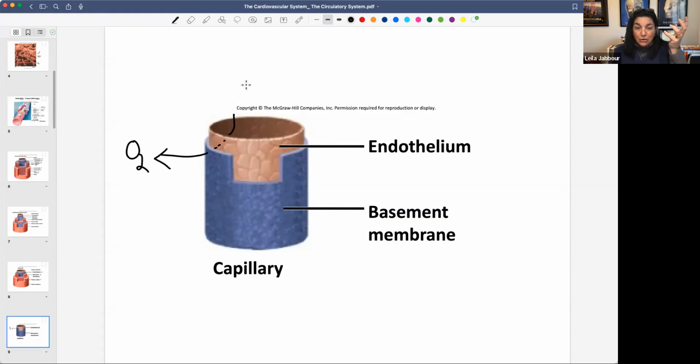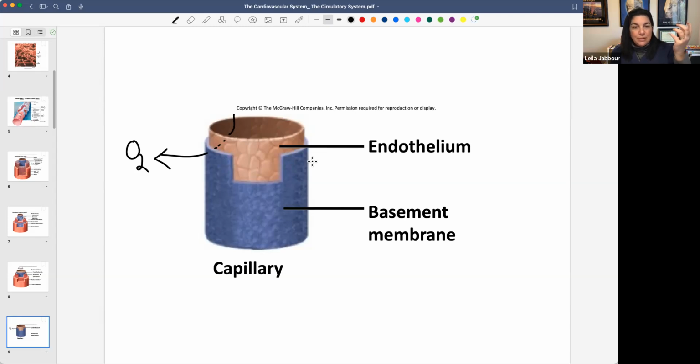If it's oxygenated blood, it leaves the lumen of the vessel and diffuses according to its partial pressure gradient, and because that's a gas, it's going to move through the epithelial tissue to get into the cells in the surrounding tissues. So we definitely want less layering. We want this process to be very efficient.